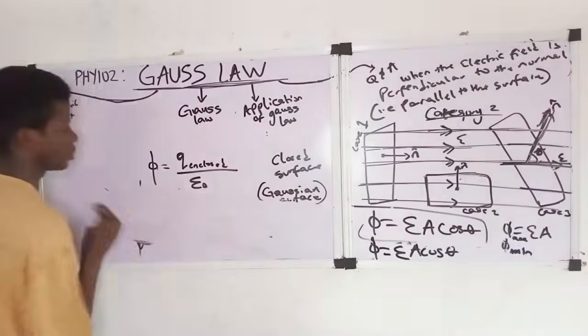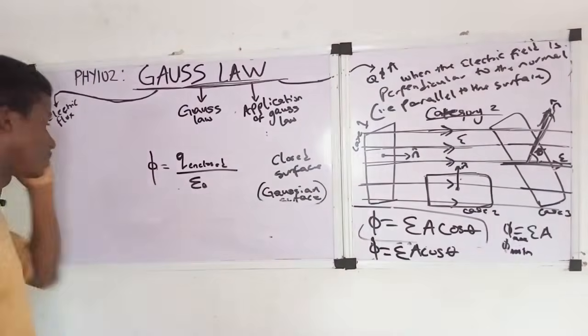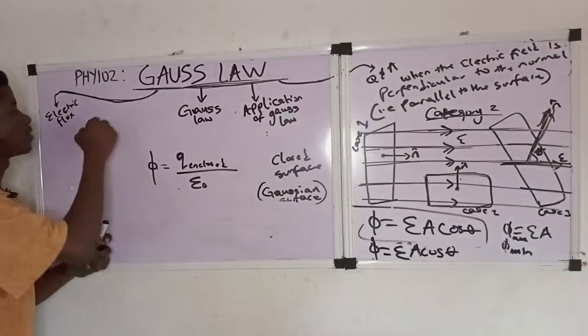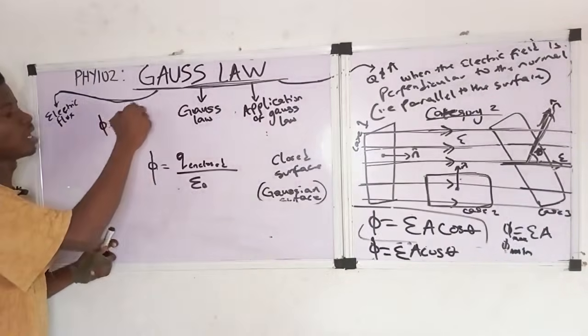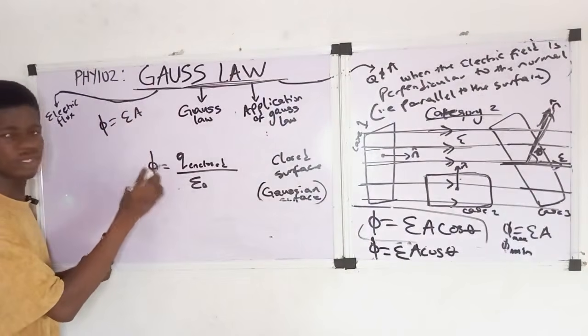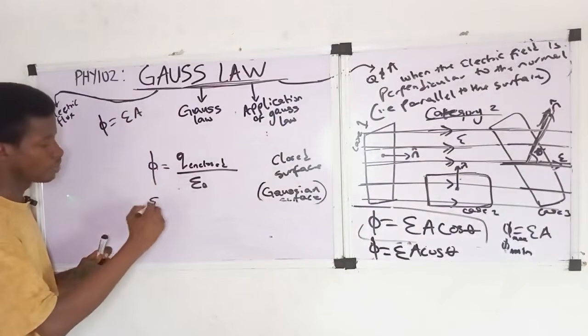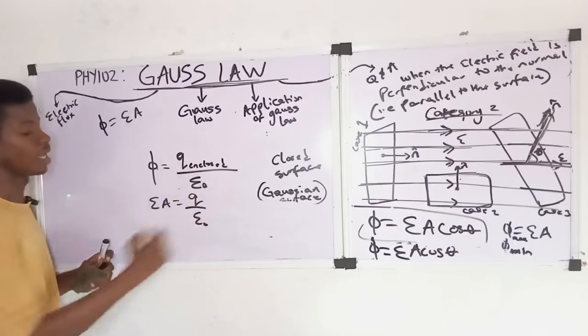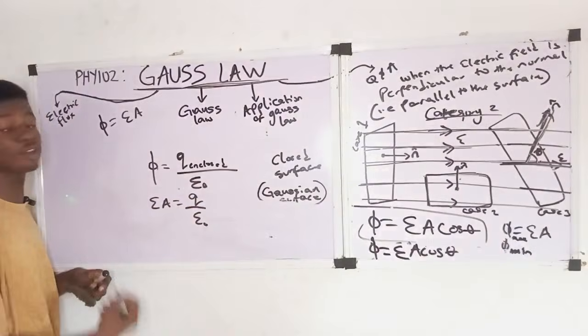Now let's go deeper. Remember, what is electric flux? Electric flux equals electric field times area. So in place of this, I can put E equals charge enclosed divided by permittivity of free space.